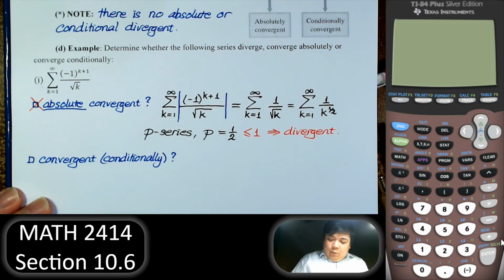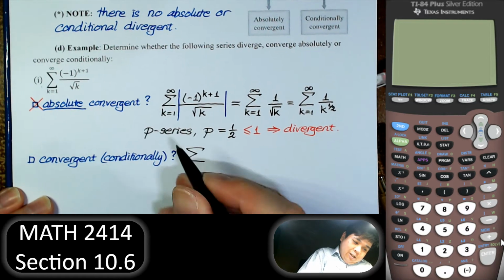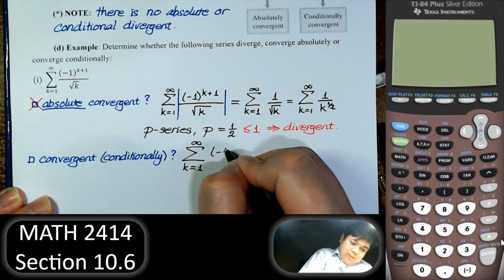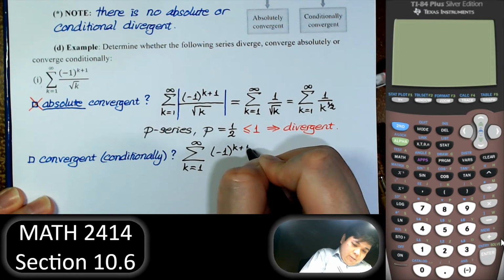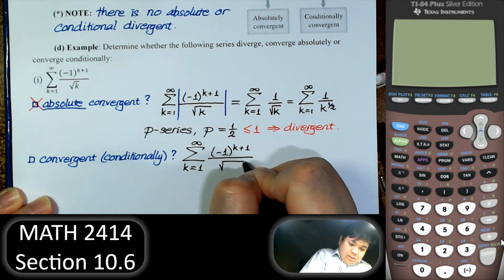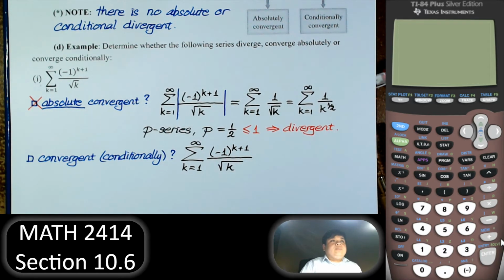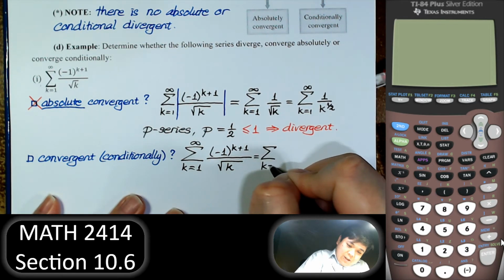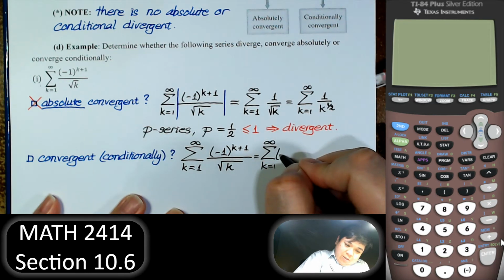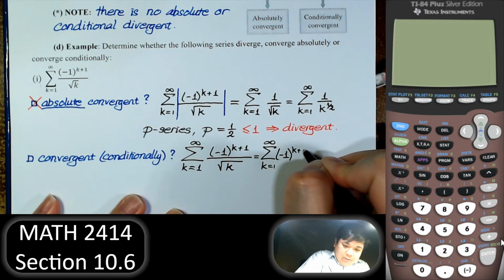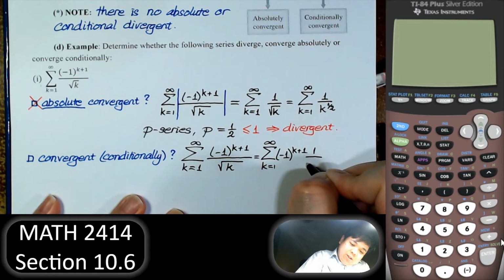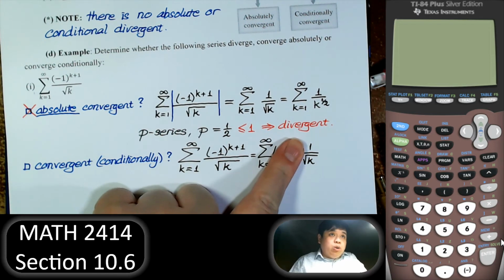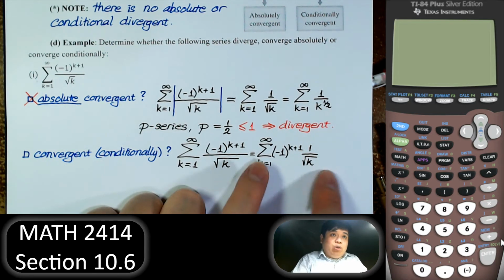Now if we look at the series, we can write it like this: negative 1 to the k plus 1, and then we have 1 over the square root of k. Now ignore the negative 1 to some power. This is an alternating series, right?